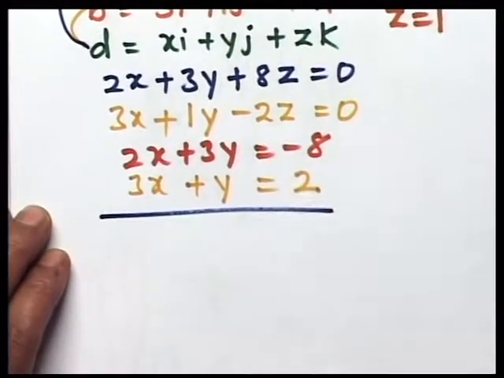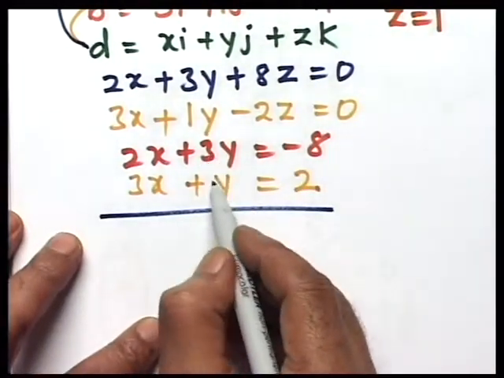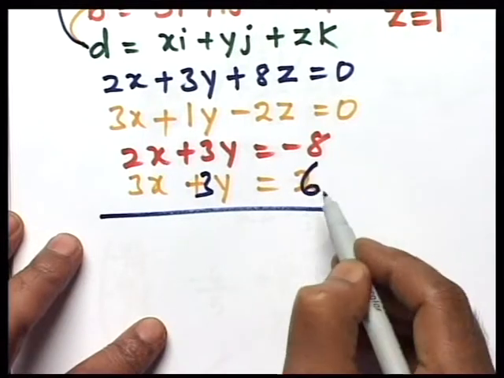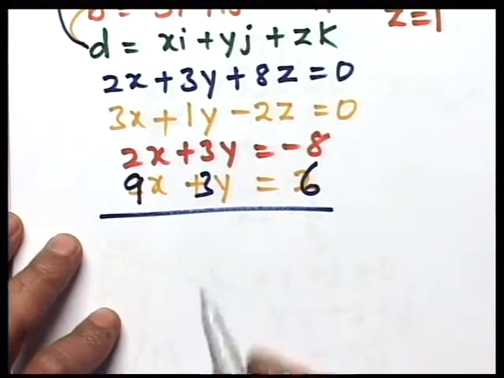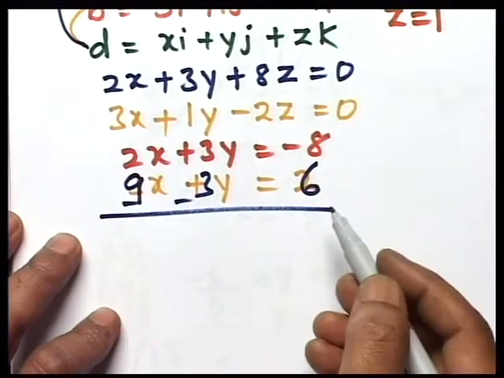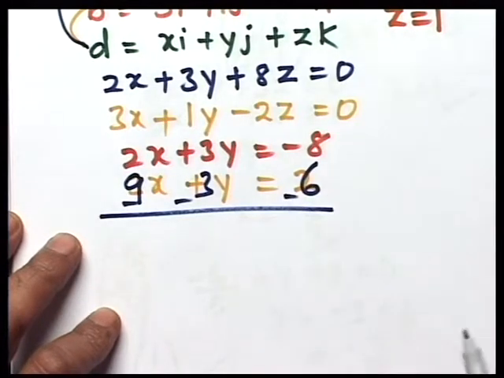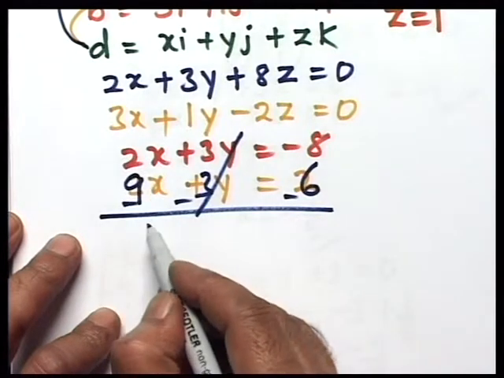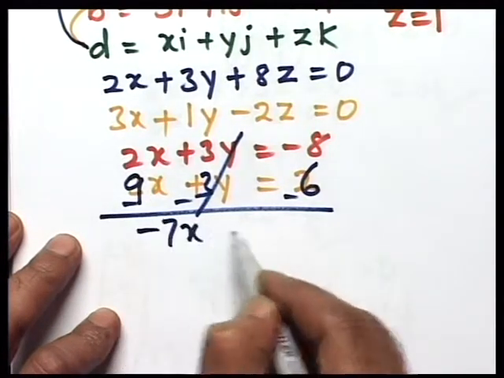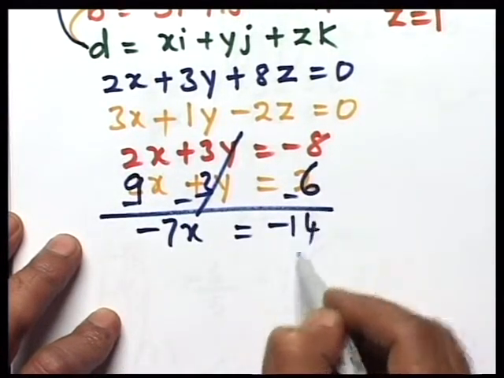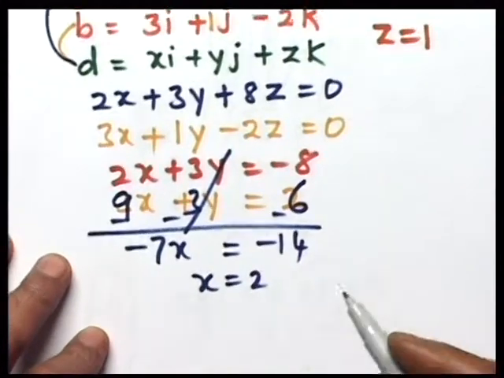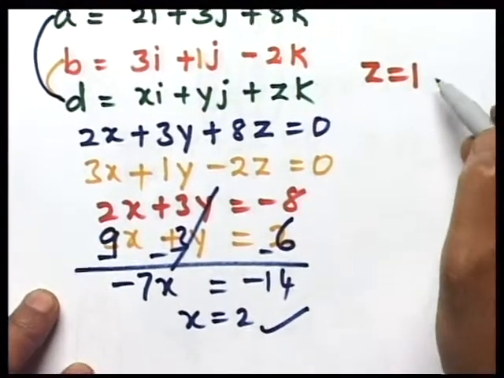We just need to multiply that by 3 maybe. So that becomes a 6, that becomes a 9. Minus minus, and that's going to be a minus. Those two cancel out. That's a 7. Minus 7x is equal to minus 14, and x equals 2.